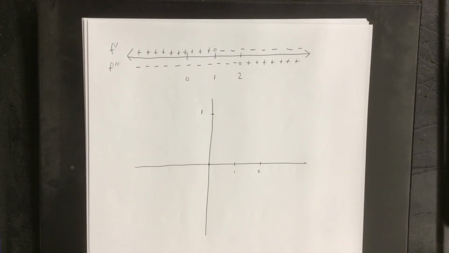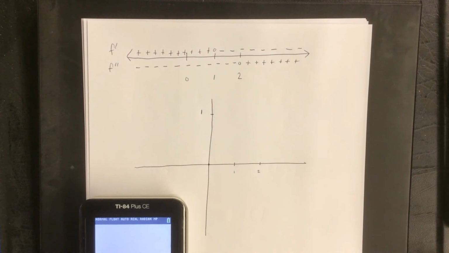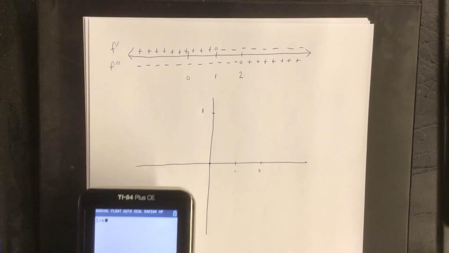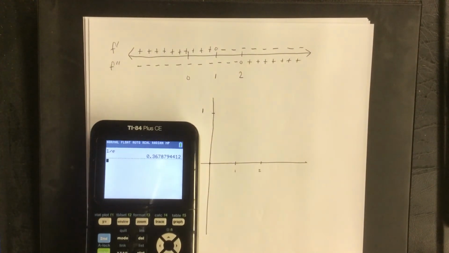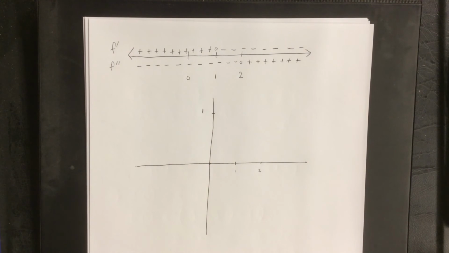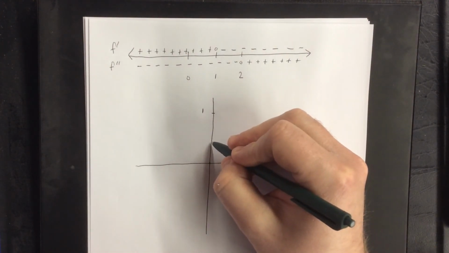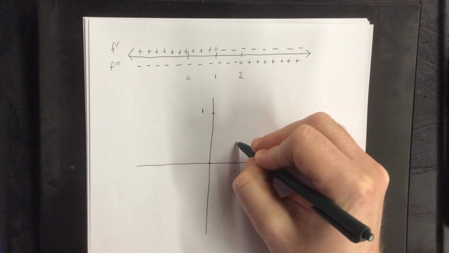This is to emphasize the local maximum that we're going to have, just to give you an idea of the value that we're looking for, the y value. 1 over e has a decimal approximation of just below 0.4, so in between 0.3 and 0.4. So that's going to be about a third or so, maybe a little bit higher.